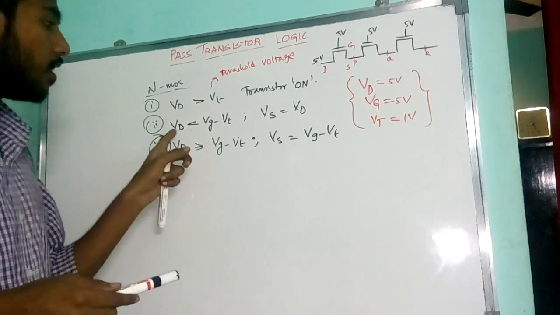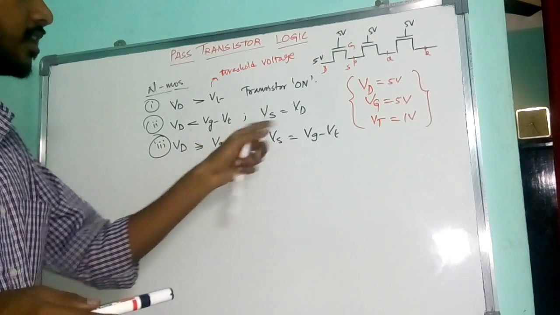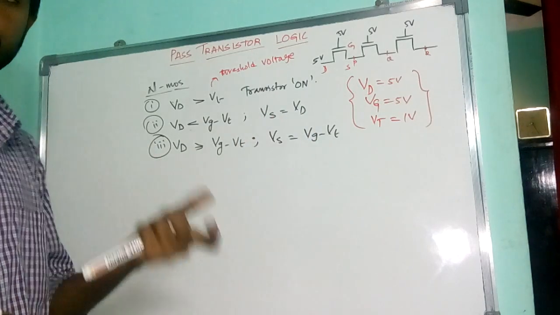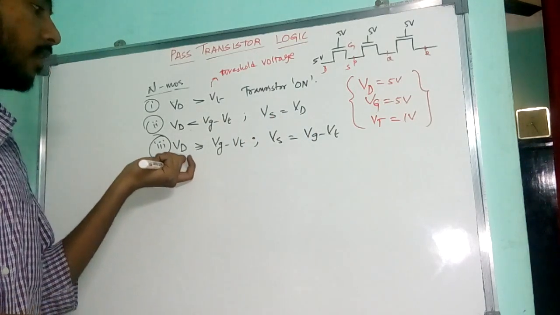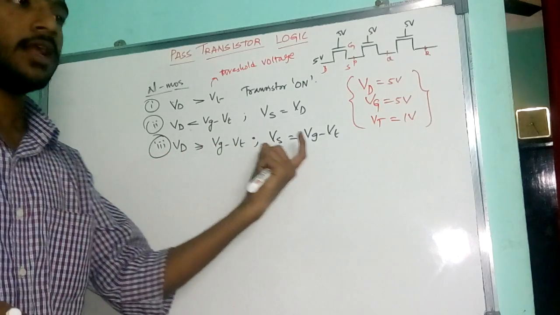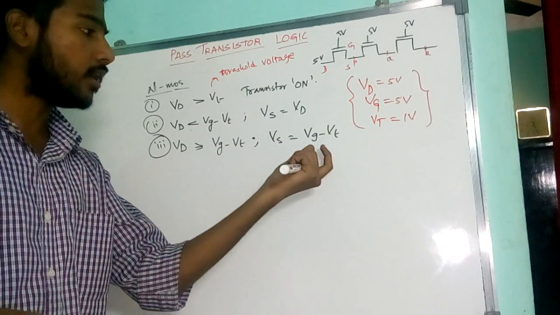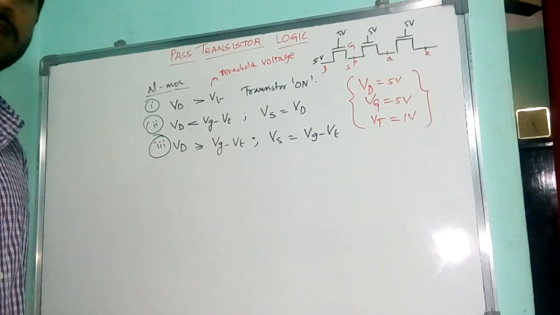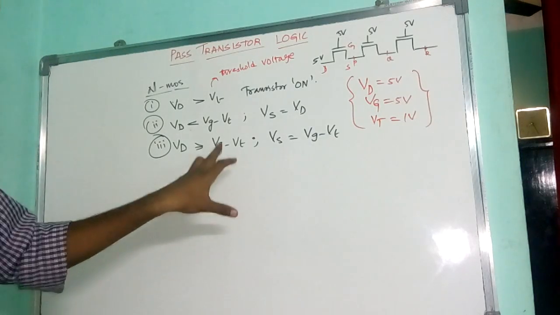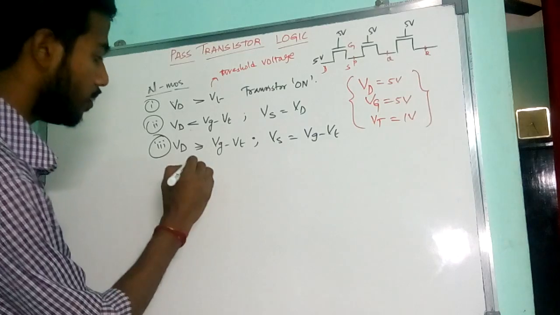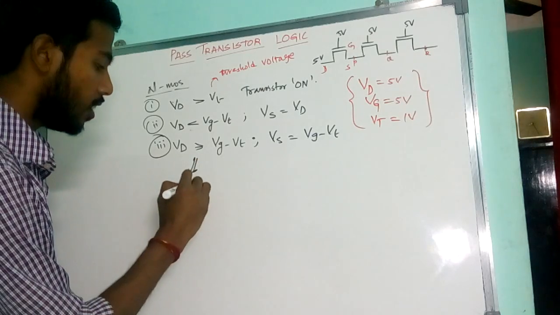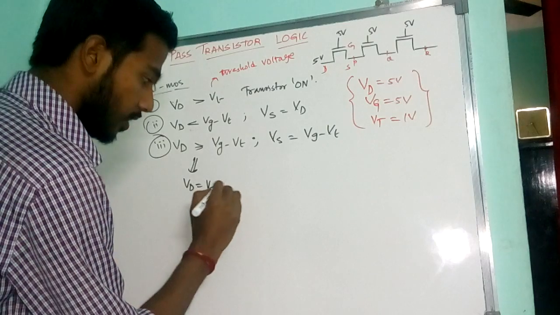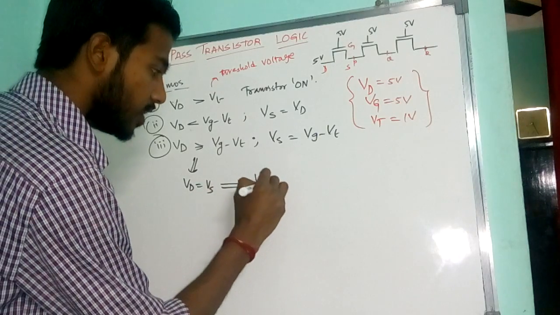Next condition is whenever my VD is less than Vg minus Vt, my source voltage is the same as my drain voltage. But whenever my VD is greater than Vg minus Vt, the Vs voltage will be held at Vg minus Vt. Why is it held at Vg minus Vt? If in this case also my VD equals Vs, then this leads to Vgs less than Vt.